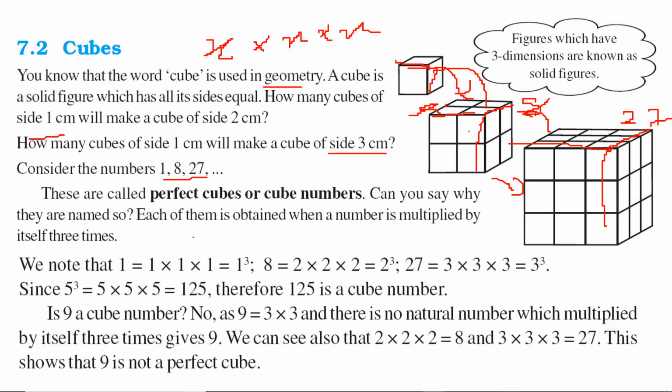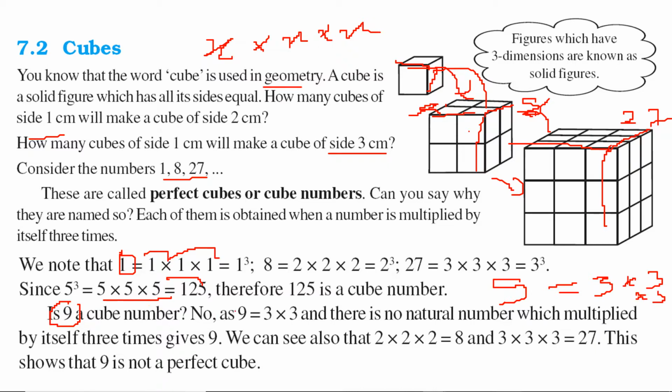So how to find it out? Just take the number and multiply it 3 times. For example, you want to find out the cube of 5. So 5 into 5 into 5 will be 125. Is 9 a cube number? See, 9 can be expressed as 3 into 3. But we are lacking one more 3 to make it a cube.